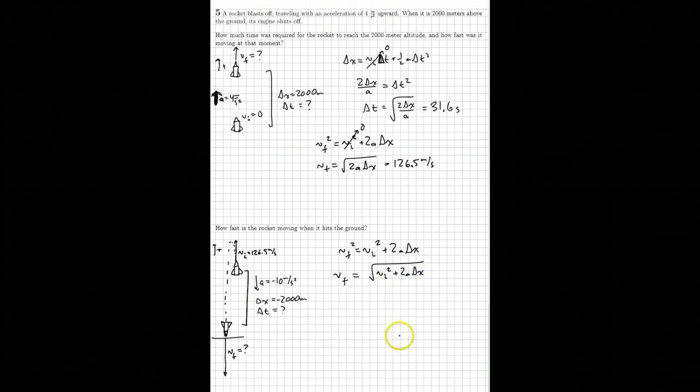We can't simplify it any more than that. It's not possible. Also, this is a case where we need to consider the plus and the minus. It's going to be moving down, so we want the negative square root. We have to choose which one we want. Okay, we can plug those numbers in, and it's about 236.6 meters per second, negative direction. All right, there we go.